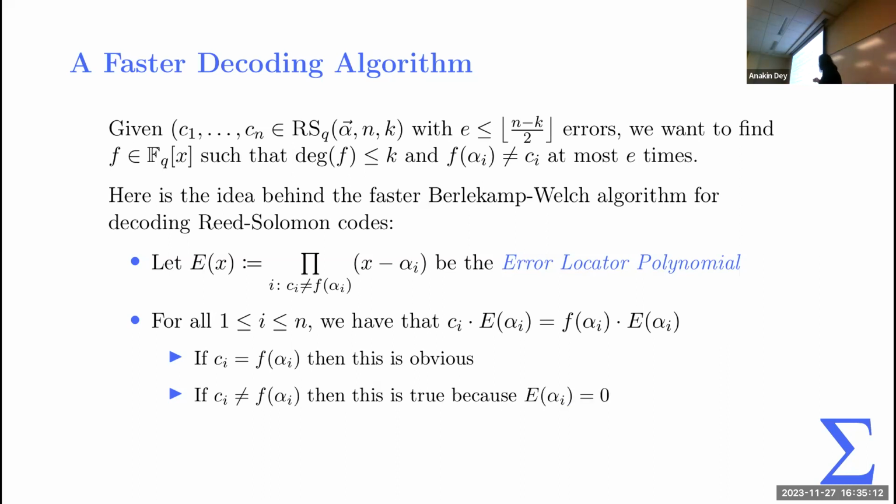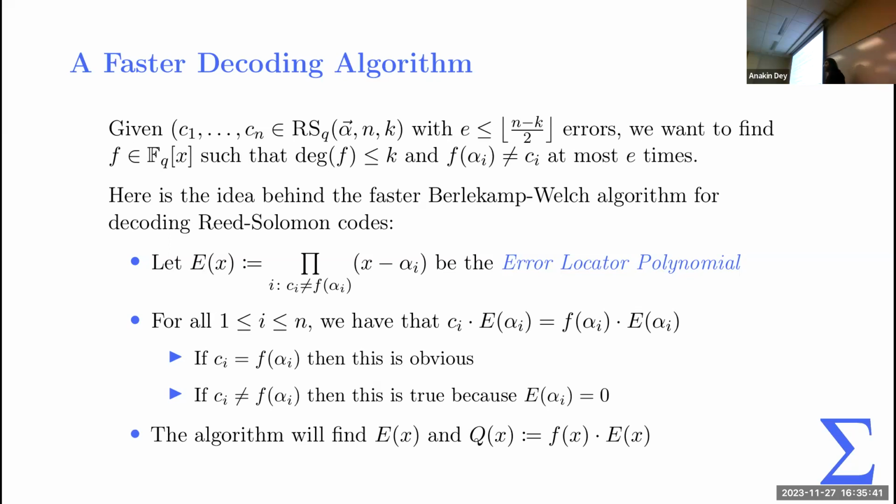Then E evaluated at alpha i is equal to 0, because it's one of the alpha i, and you get alpha i minus alpha i in the product, so you get 0 times whatever, which is 0. And so you get 0 and 0 on both sides.